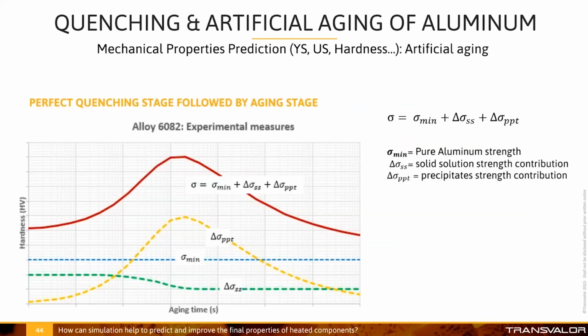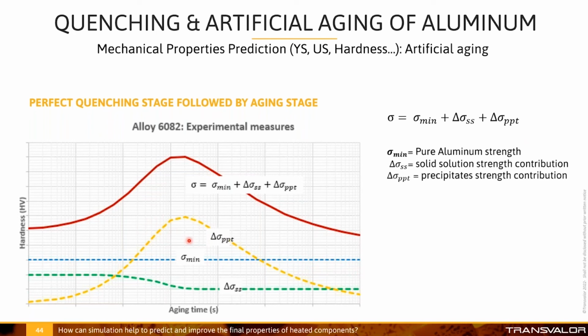To model the artificial aging of the aluminium alloy, we use a Shercliff HB method. With this method, the final mechanical resistance is the sum of three contributions. Sigma mean is the contribution that comes from considering pure aluminium.